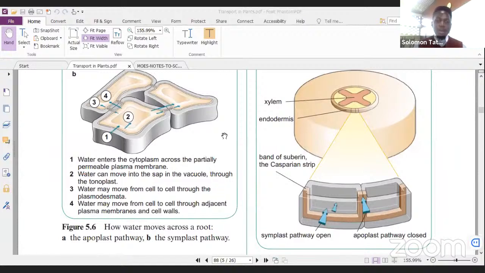And then the vacuolar pathway is all about the vacuoles, from one vacuole of one cell to another. So those were the two concerns about these particular pathways. The apoplast, we said, is for the cell wall.